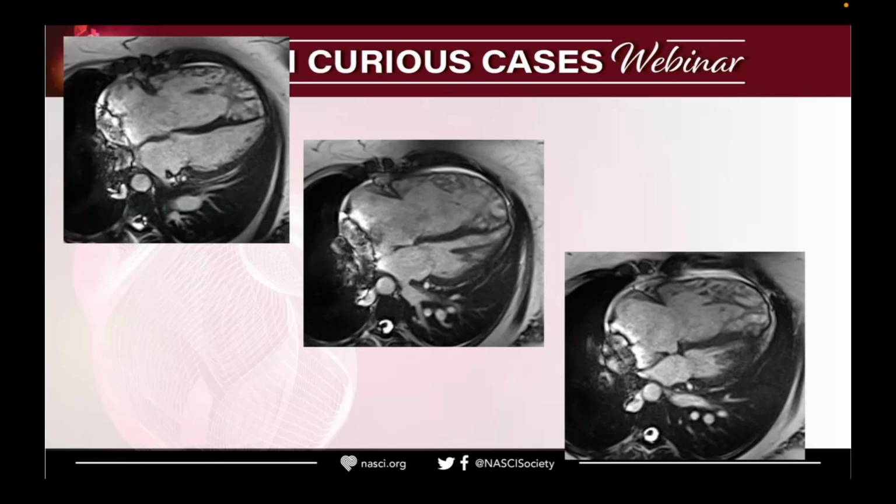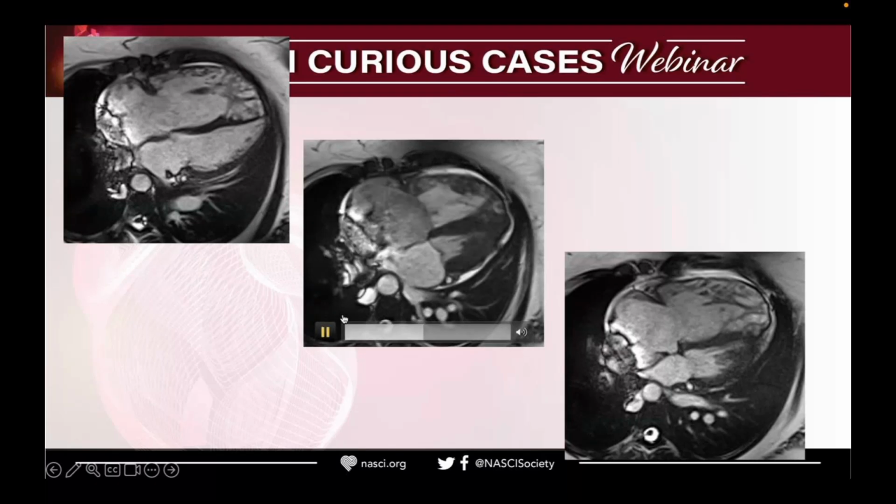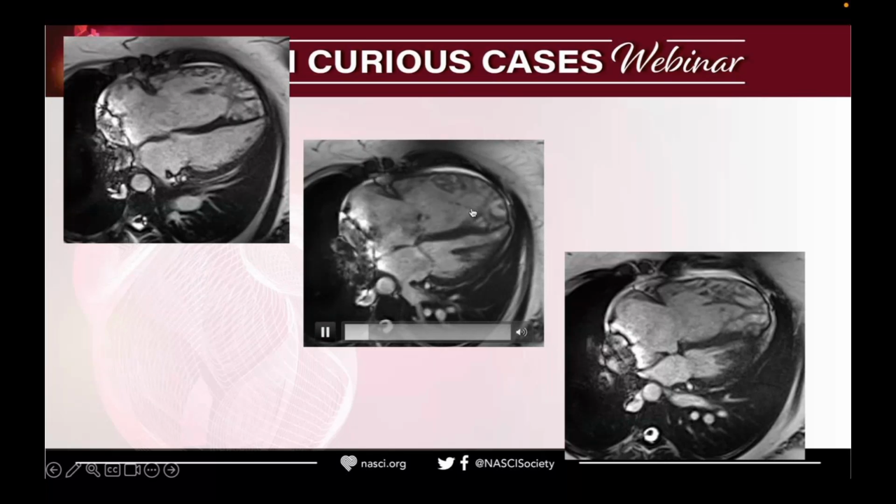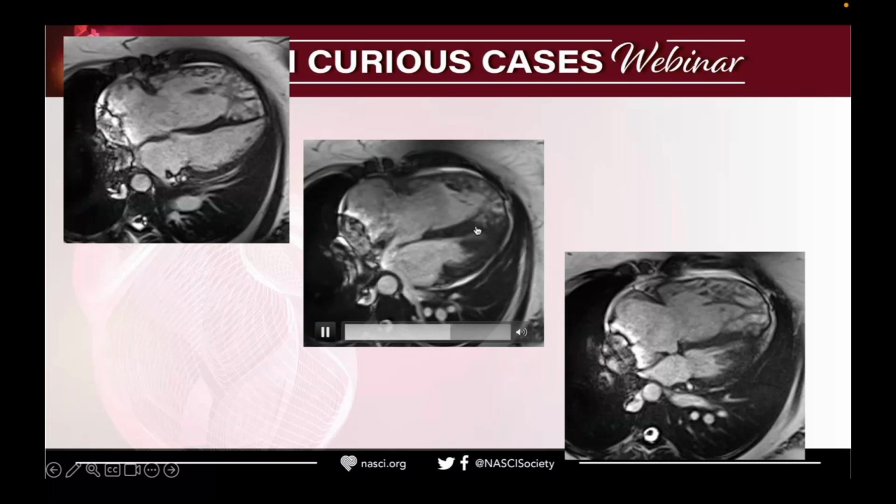Because of that significant dilation, there is abnormal hypokinesis of the wall motion of the RV free wall. It's significantly hypokinetic because of that significant elevation of the RV volume. Even the pressure becomes a little bit higher, and you start to see some tension on the interventricular septum bowing into the left side.